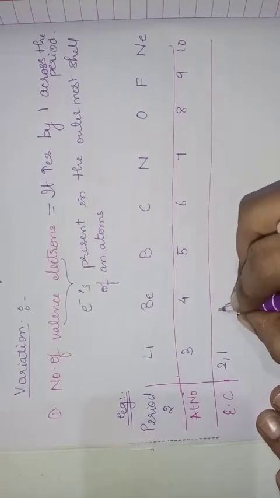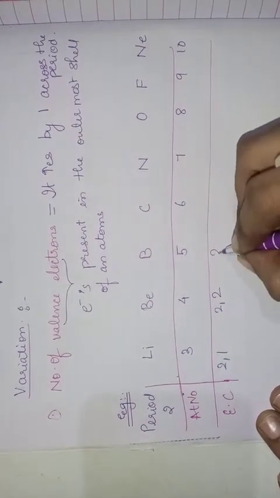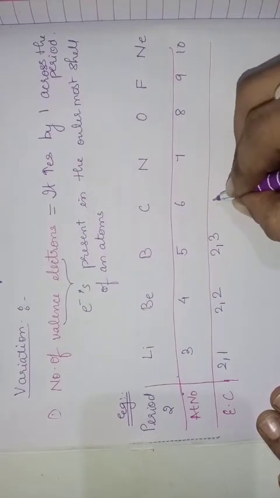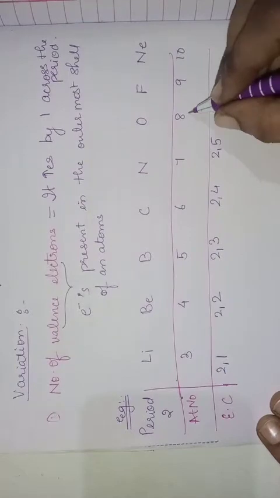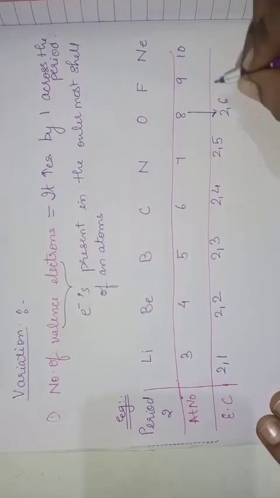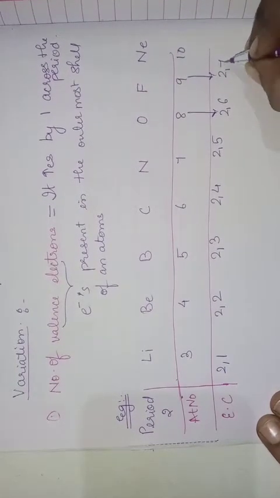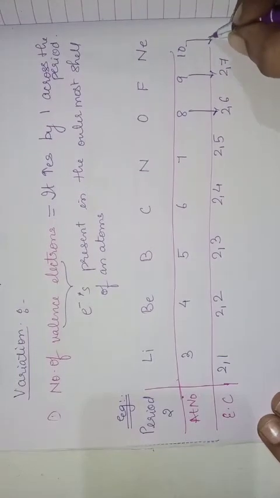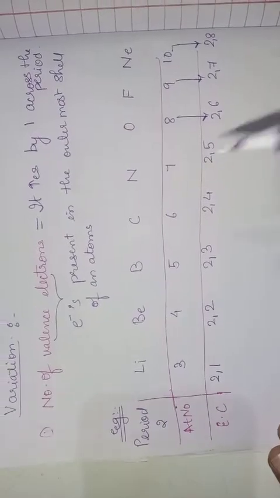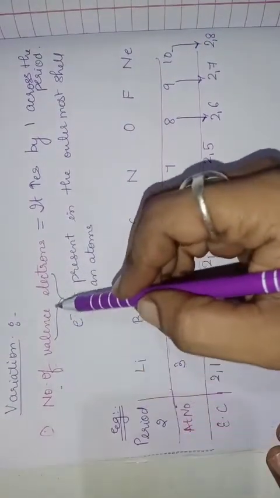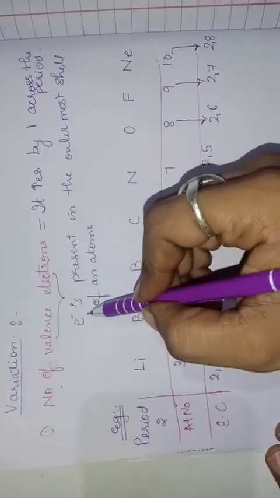It is 2,1, 2,2, 2,3, 2,4, 2,5, 2,6, 2,7, and for the 10th one we have 2,8. This is the electronic configuration. Now we are talking about the number of valence electrons, the electrons present in the outermost shell of an atom.